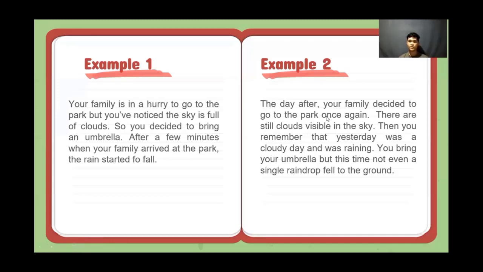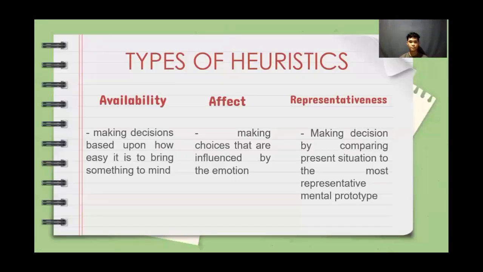But in the second example, you came up with your decision to bring an umbrella because you used your past experience from yesterday that it was raining, which is wrong because in the current situation, it does not rain at all. That's the reason why heuristic problem solving strategies sometimes lead to errors.